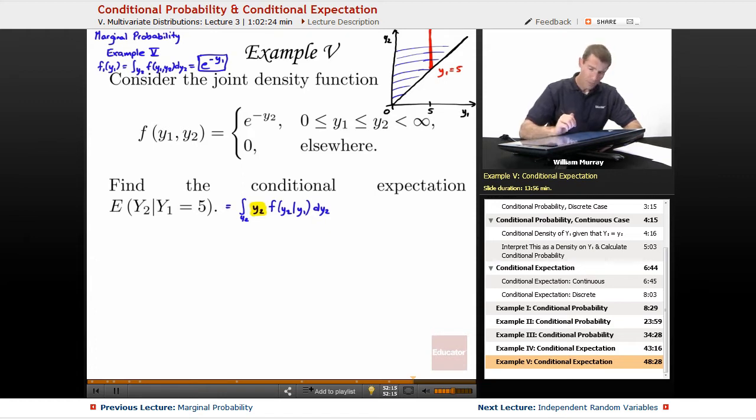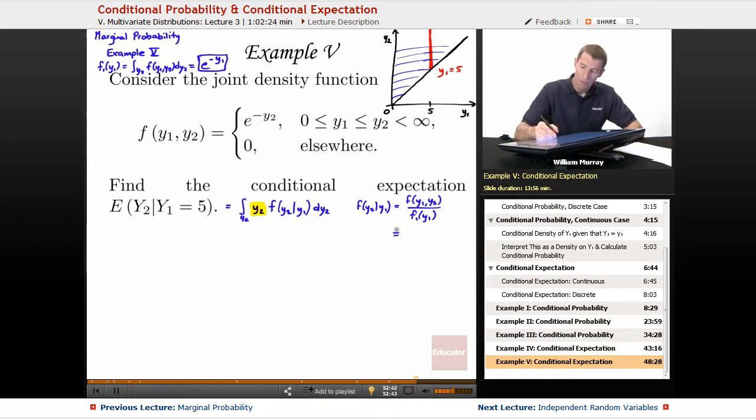Now that means I have to figure out what f of y2 conditioned on y1 is. So let me calculate that over on the side here. F of y2 conditioned on y1. By definition, it's f of y1 comma y2 divided by the marginal density function f1 of y1.